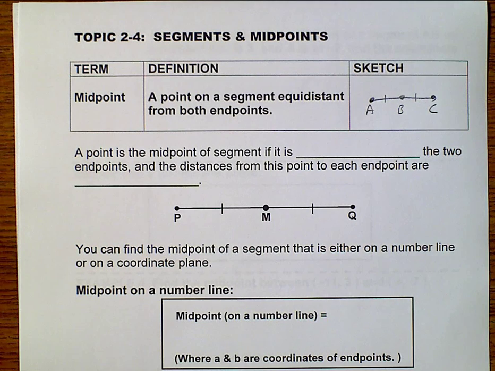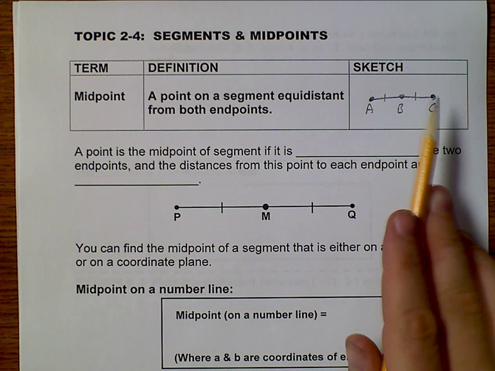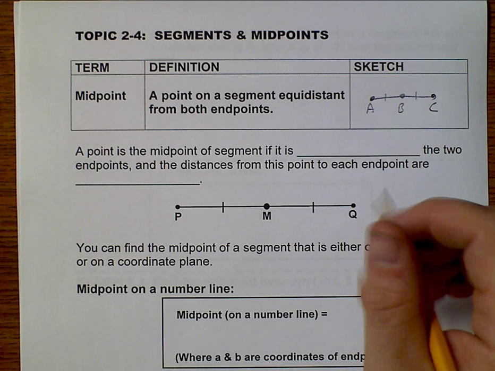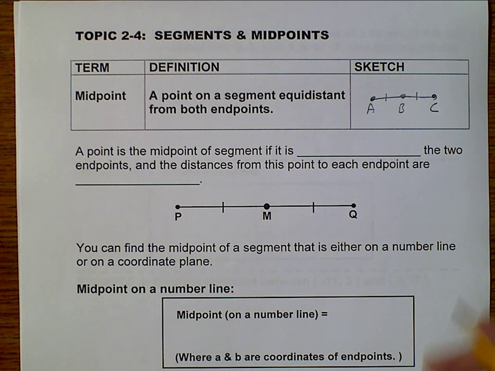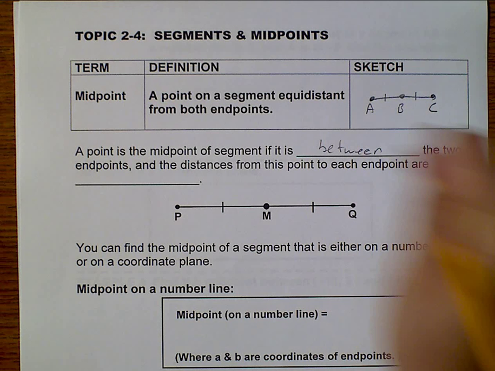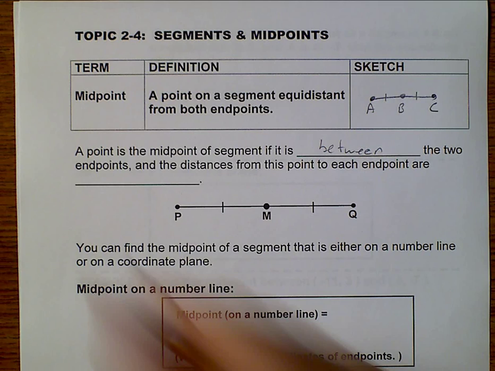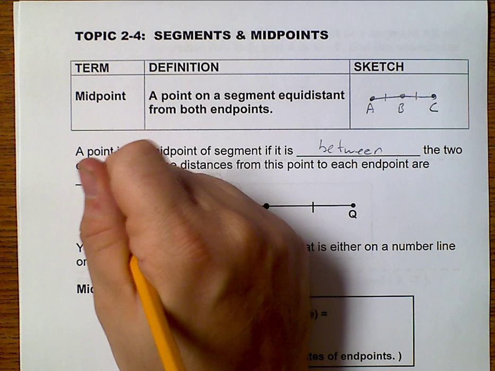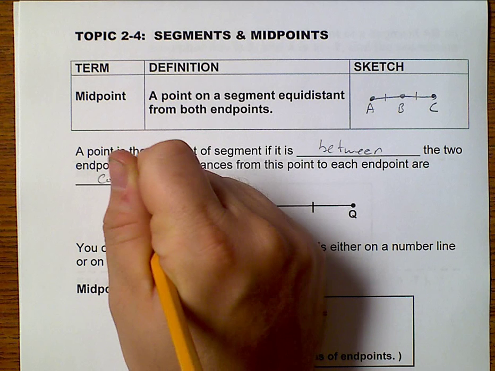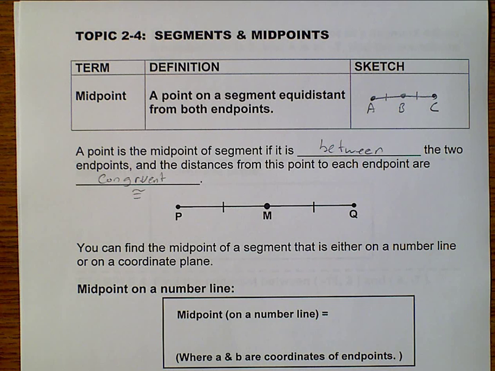This point is equidistant from A and C. A point is the midpoint of a segment if it is between the two endpoints, and the distance from this point to each endpoint is congruent, as we can see in the picture.